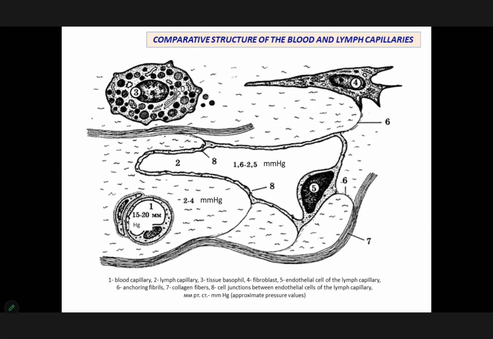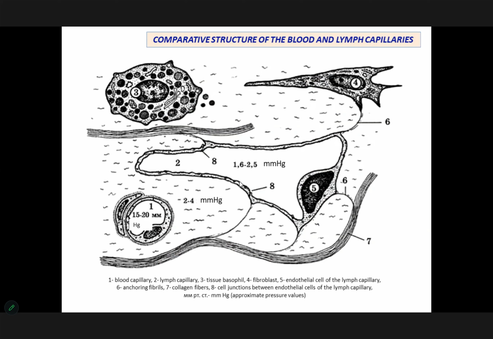Second difference, endothelial cell in the lymph capillary has almost no basement membrane, but it is present in blood capillary. Number 3, almost no contacts between the endothelial cells in the lymph capillary, unlike blood capillary, which has all the existing types of contacts, junctions between the cells, including tight junctions.